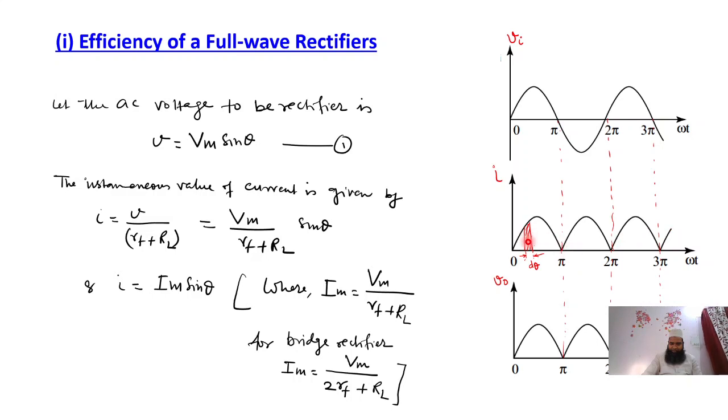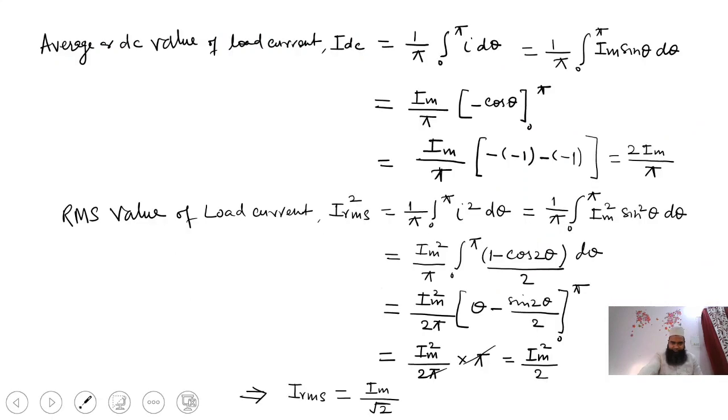We can take the average by taking the integration of 0 to pi of i d theta. We have 1 upon pi, integral 0 to pi of i d theta.